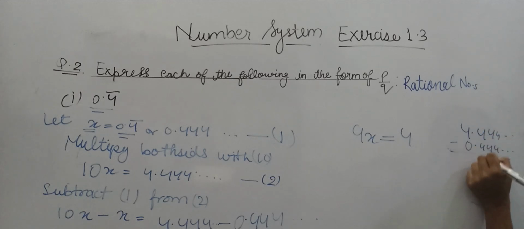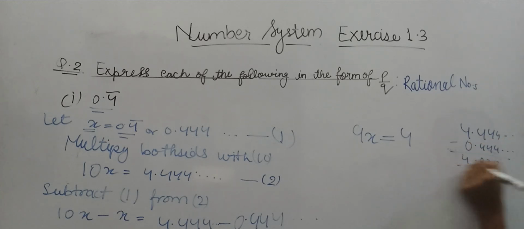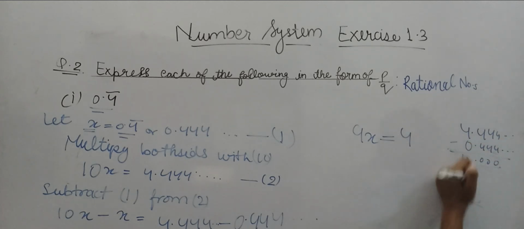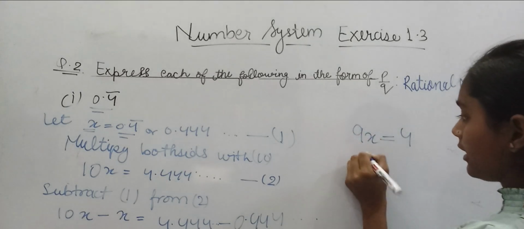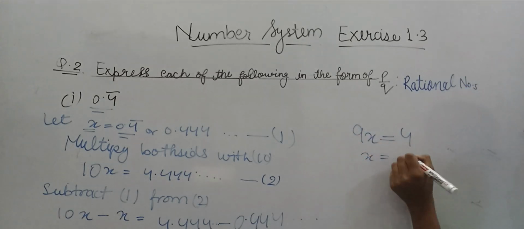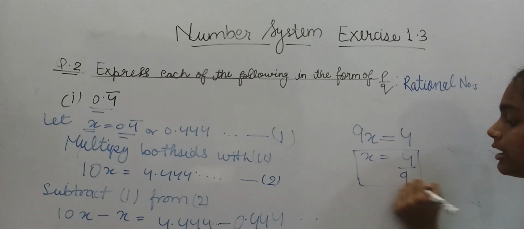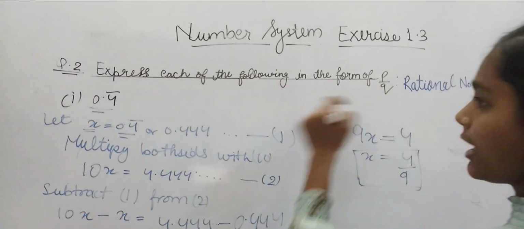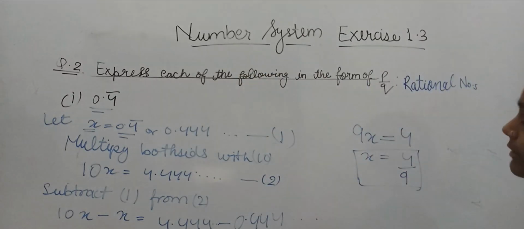If we subtract it, we would get 0, 0, 0, and before the point, subtracting nothing from 4, it would be 4.0, which leads us to 4. Now x is equal to 4 by 9. So if we want to write 0.4 bar in the form of rational numbers, it would be 4 by 9.